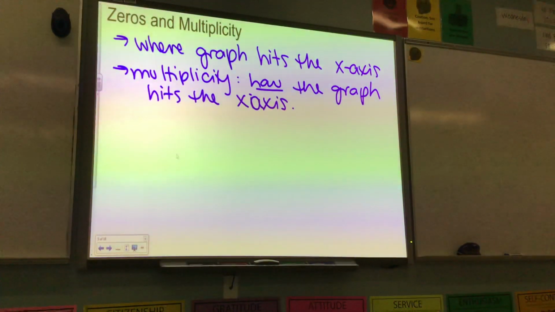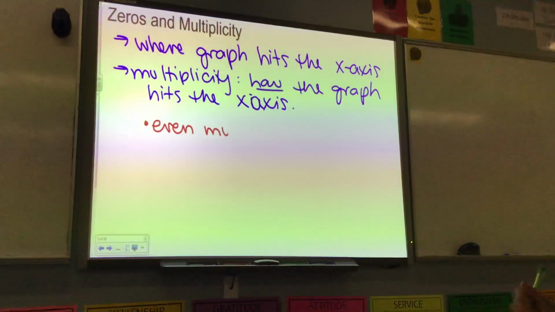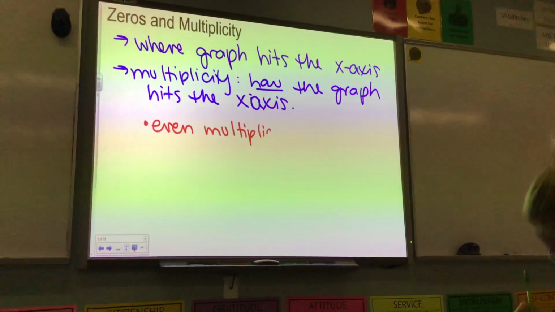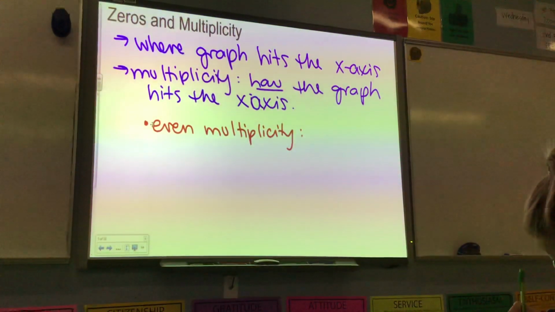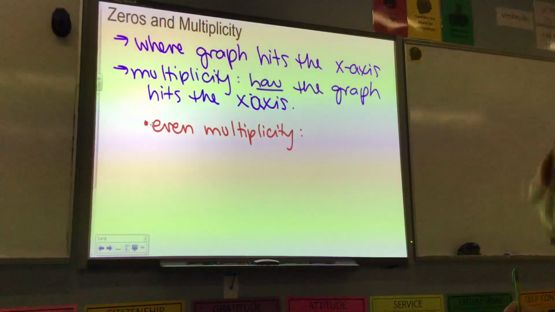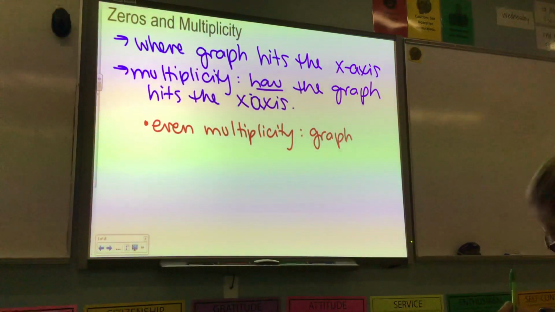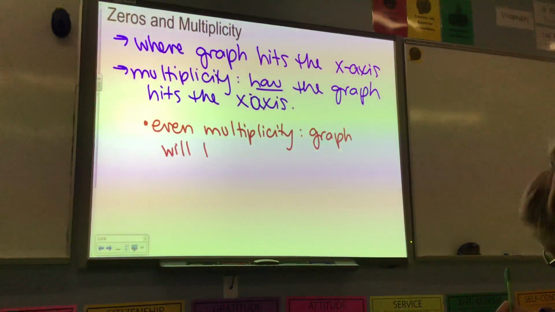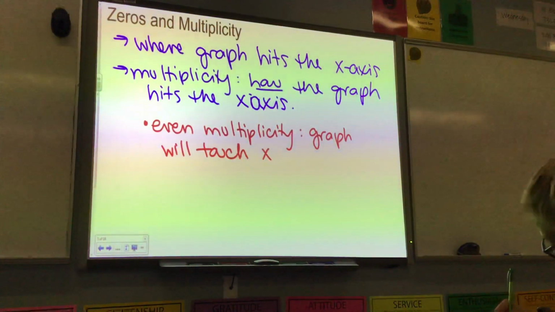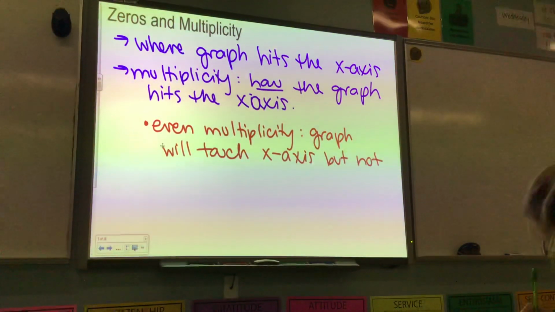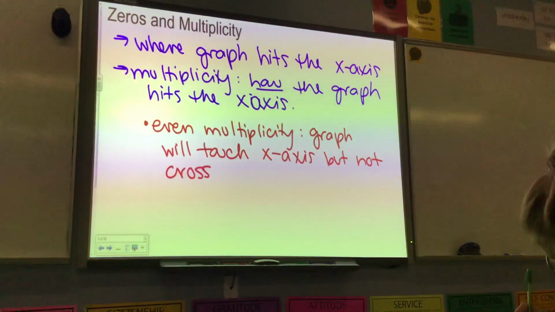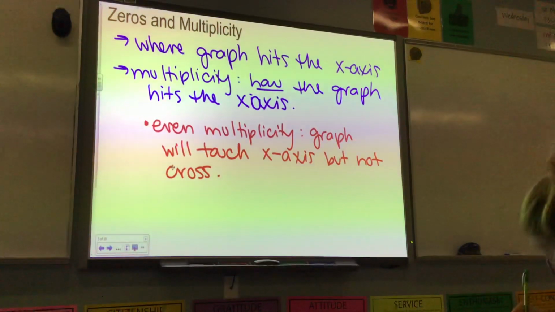What's going to be important here, if you have an even multiplicity, so that means you get that answer out an even number of times, so 2 times, 4 times, 6 times, whatever it is, the graph will touch the x-axis, but not cross it. It will turn around and go back the other way at that point.